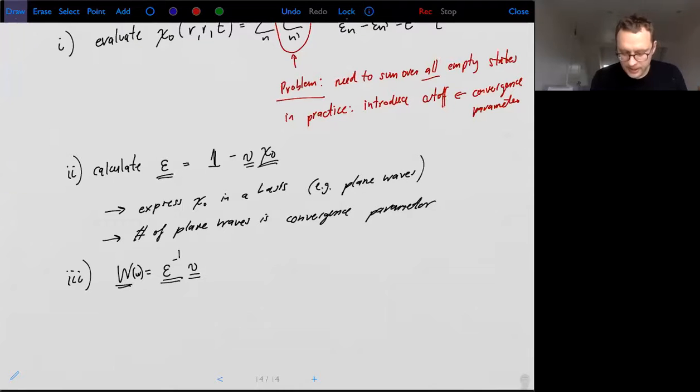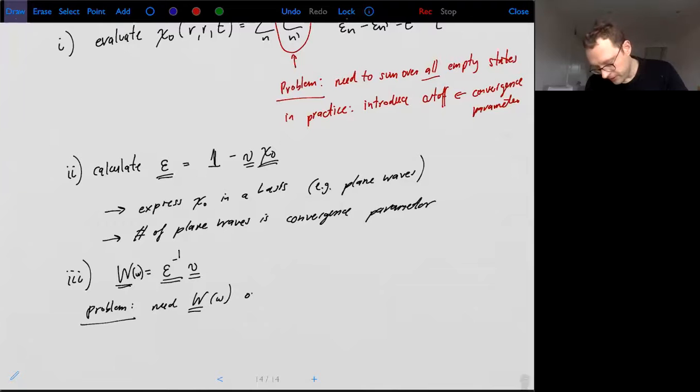So in principle, I need to evaluate the screened interaction on a frequency grid. And since the screened interaction can have poles, this means, unfortunately, that sometimes we need a very fine frequency grid to represent this function. So there's another problem, that we need this object on a fine frequency grid.